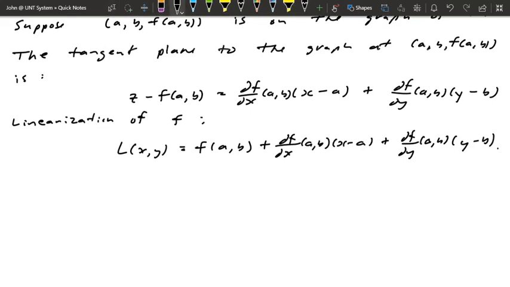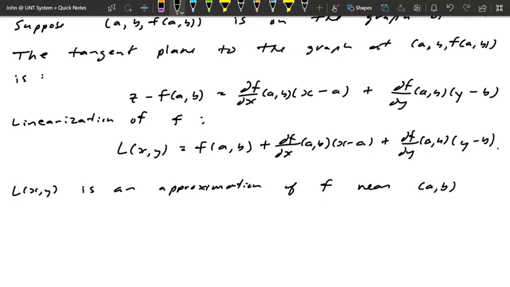So L of x,y is an approximation of the function f near the point (a, b). And therefore we could write the linear approximation of f like this.